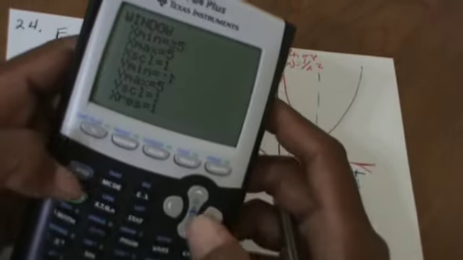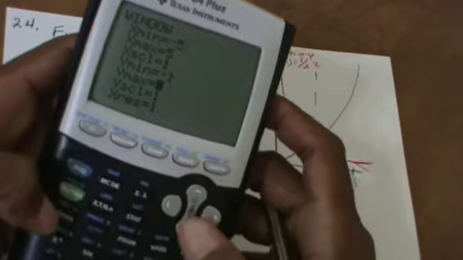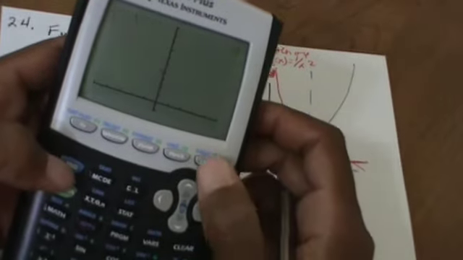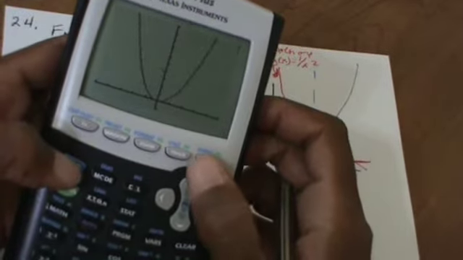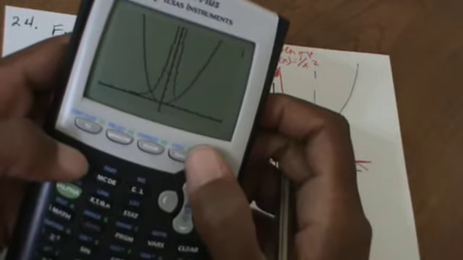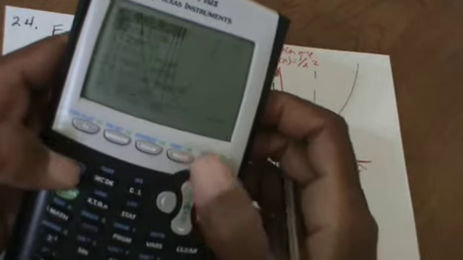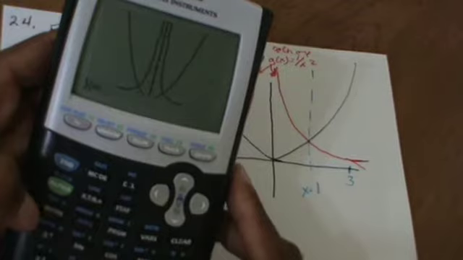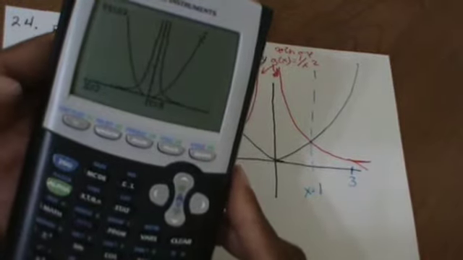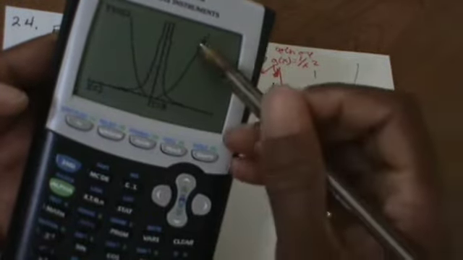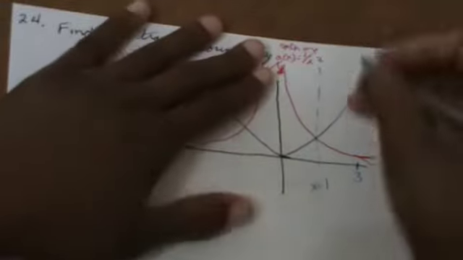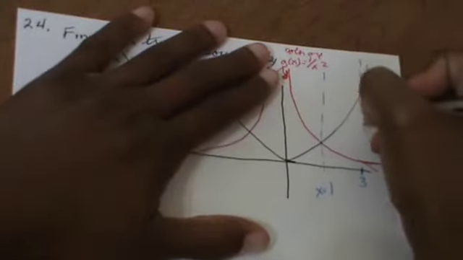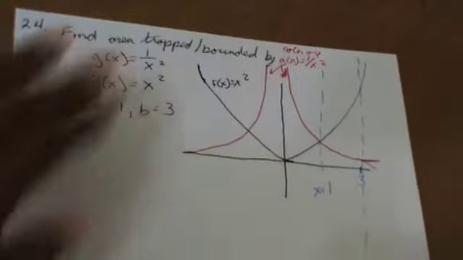I'm going to change my window so that you can see it. Second calc, number 1, plug in 3, and notice now you can see right there. So that gives me the other point of interest, right?